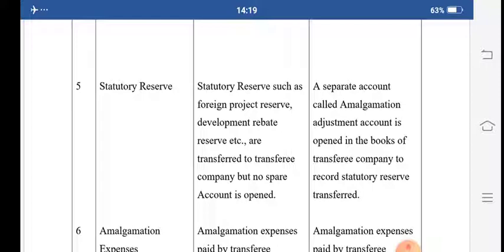But in the purchase method, a separate account called the amalgamation adjustment account is opened in the books of the transferee company to record the statutory reserve transfer. So this is about the statutory reserve.